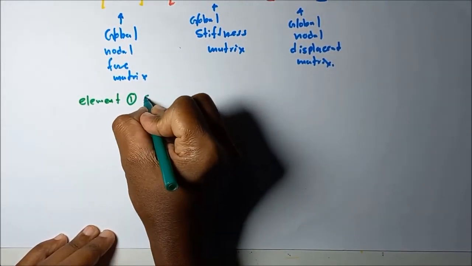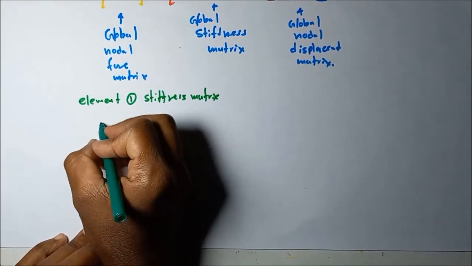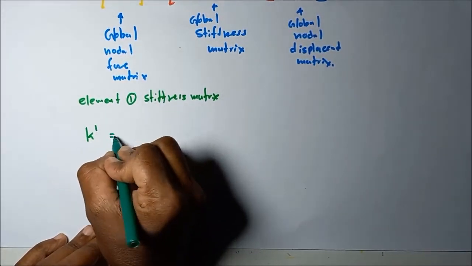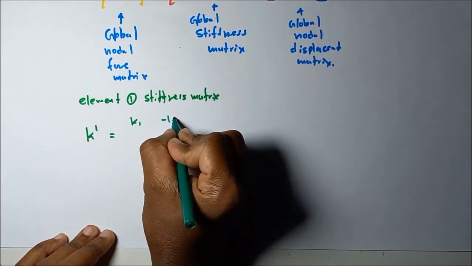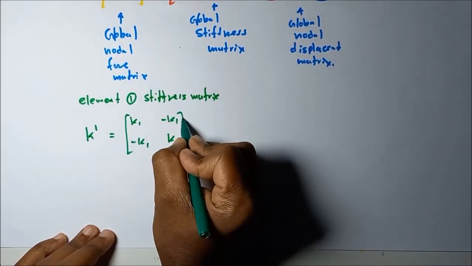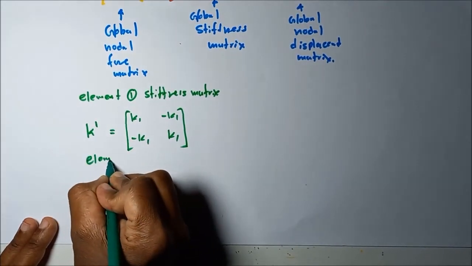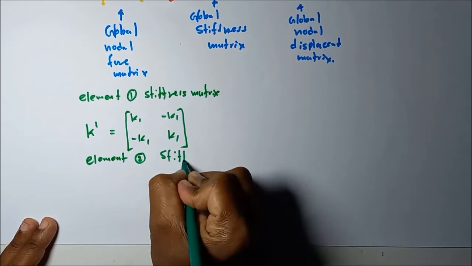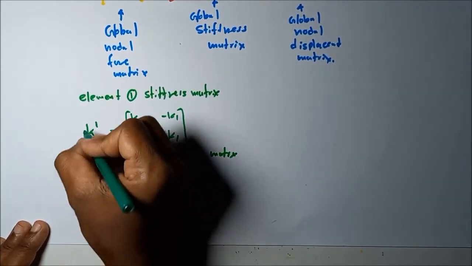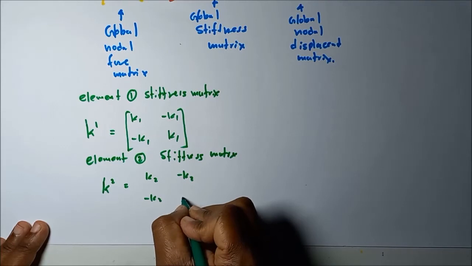Element 1 stiffness matrix: K1 is equal to k1 minus k1, minus k1 k1. Then element 2 stiffness matrix: K2 is equal to k2 minus k2, minus k2 k2.